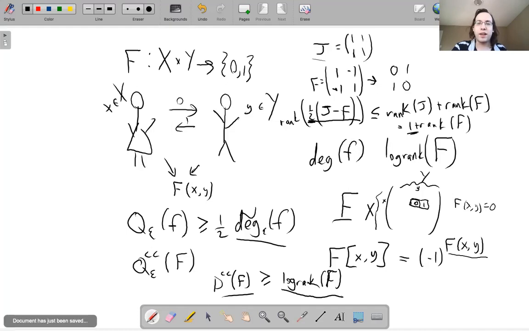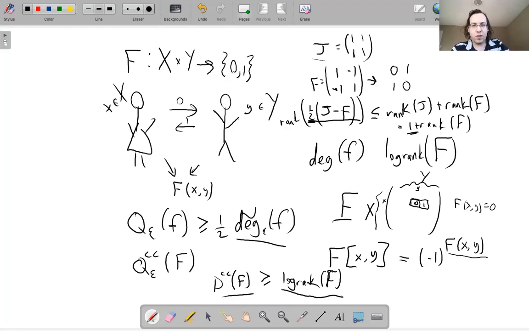If the protocol correctly computes the function, then these rectangles must be monochromatic, which means that F can be written as a sum of 2 to the t rectangles, each of which has rank 1, and so its rank is at most 2 to the t, 2 to the communication complexity. So we get this inequality here.